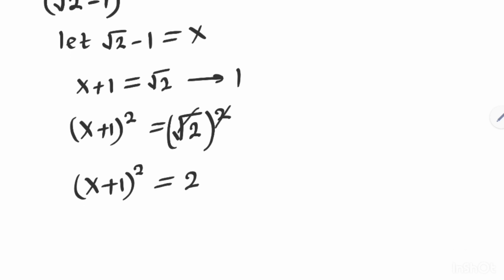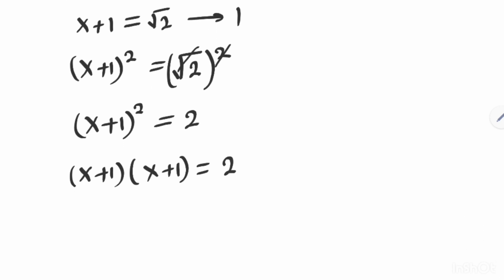This is the same thing as x plus 1 multiplied by x plus 1 is equal to 2. Then this is the same thing as x times x, x squared, plus x times 1, that is x, plus 1 times x, plus 1 times 1, that is 1, is equal to 2.